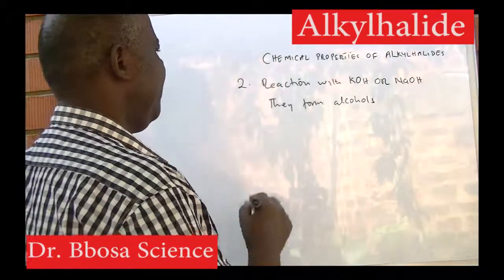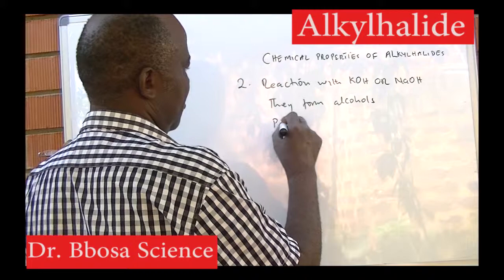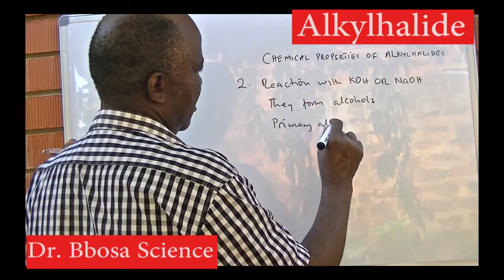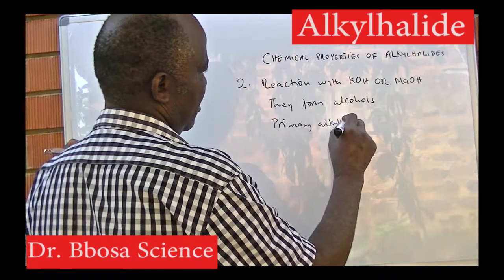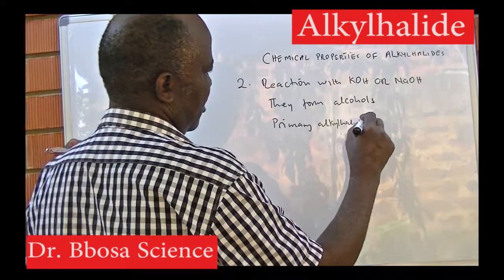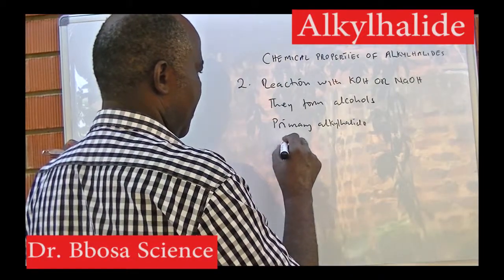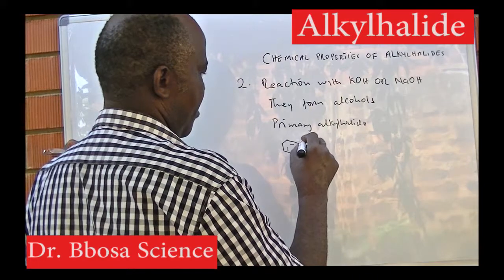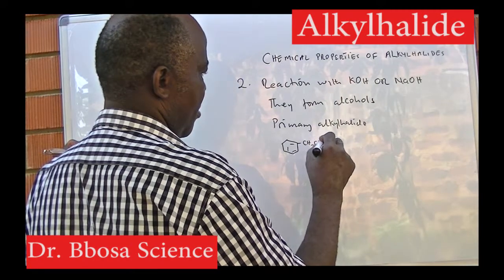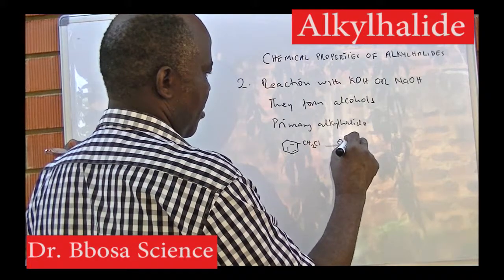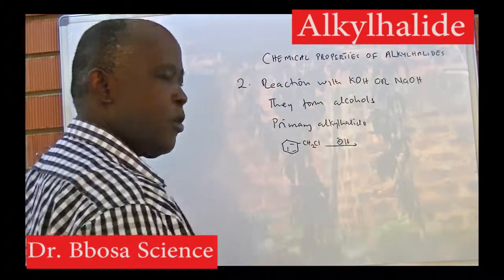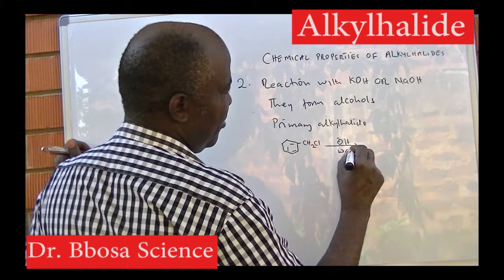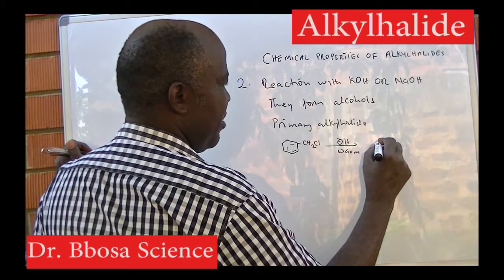For example, chlorophenylmethane plus sodium hydroxide and warm, you get phenylmethanol.